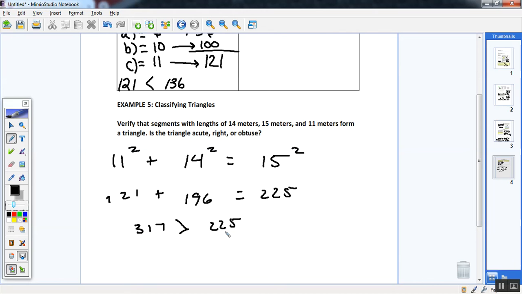So is the C side bigger than the A plus B or smaller? Since this is true right here, C squared is less than A squared plus what? So it must be an acute triangle, like me.